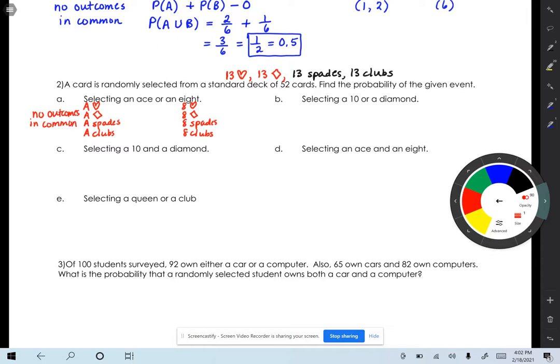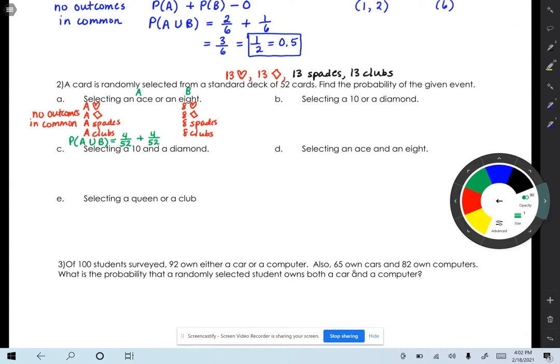So we are going to use the top formula, or I'm sorry, the bottom formula. So we're just going to add the individual probabilities. So the probability of A or B, maybe I can fit it in here, down here, since I wrote so big. So the probability of A or B, and we can say selecting an ace was event A and selecting an 8 event B. So that would be 4 out of 52 cards are aces, plus 4 out of 52 cards are 8s.